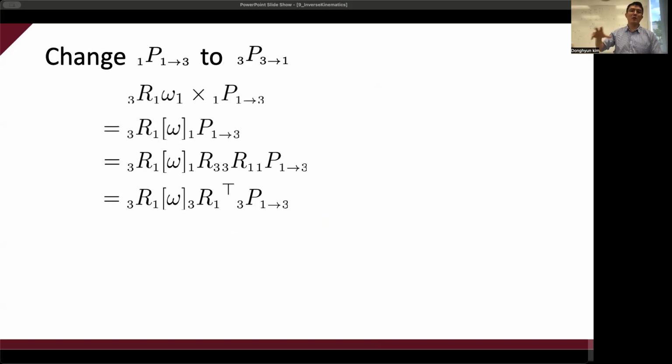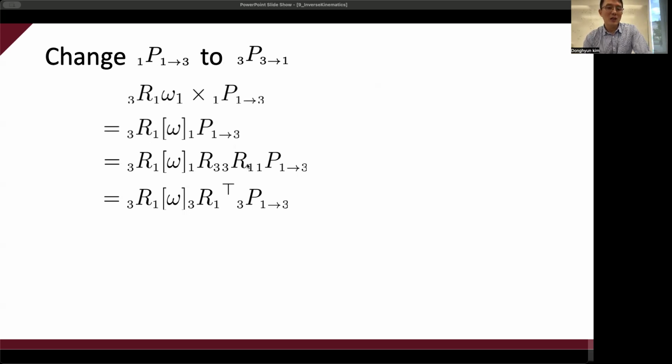So now I'm going to change this R times omega cross product P to the P cross product R, which is the equation we got the last time. Here we are. And if I change the cross product to skew symmetry form, then it's going to be something like this, right?